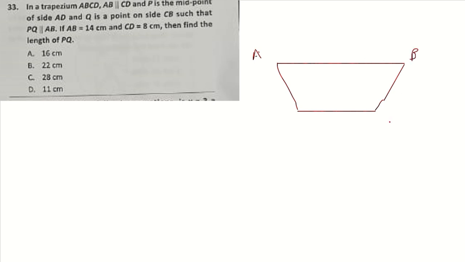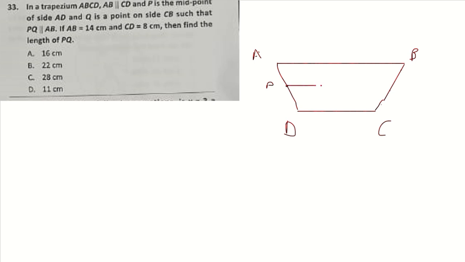A, B, C, D. So AB is the side parallel to CD and P is the midpoint of side AD. So here is the midpoint P. And Q is a point on side CB. We don't know, Q could be here, Q could be here, such that PQ is parallel to AB.